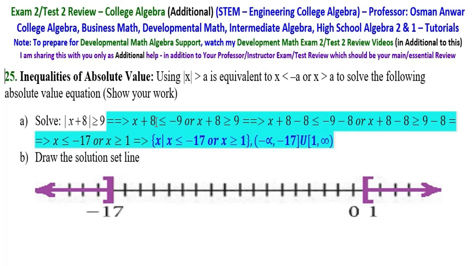So subtract 8 from both sides. So then this is or x plus 8 minus 8 is greater or equal to 9 minus 8. And that is 8 cancels the 8, so that is x is less or equal to minus 17 or x is greater or equal to 1.